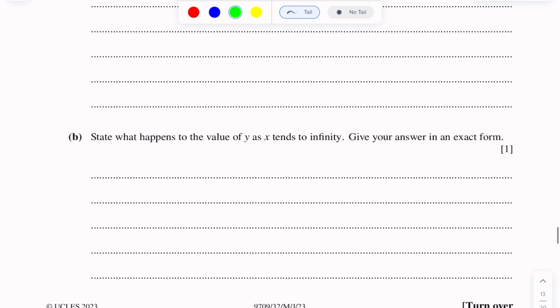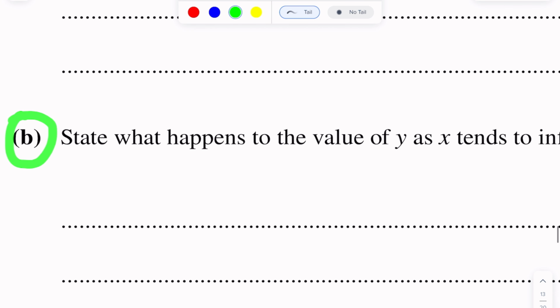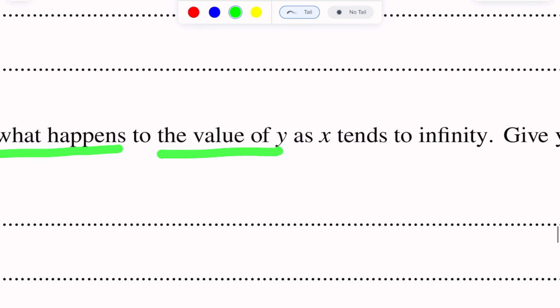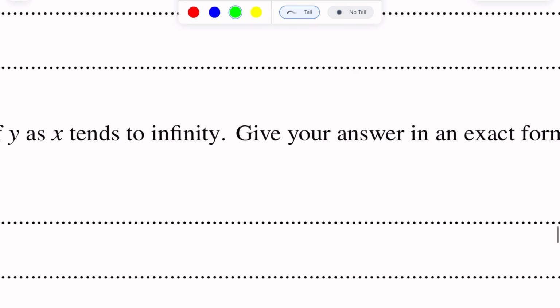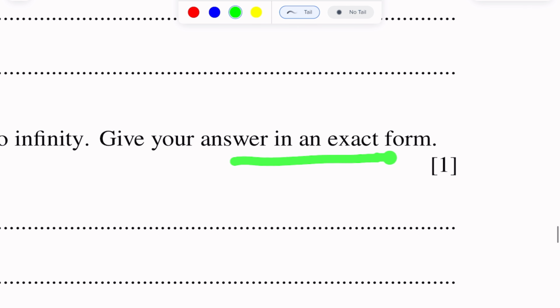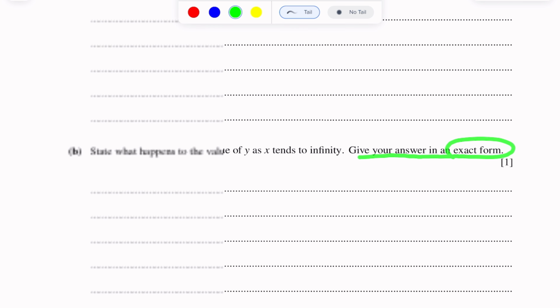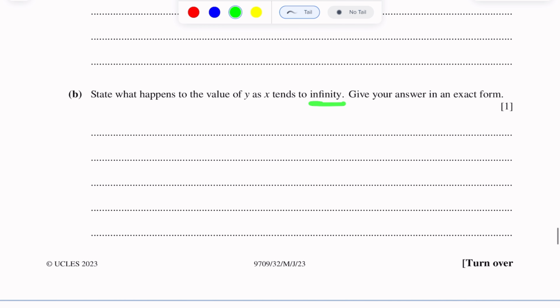Now, the next part of this question, part B, is: state what happens to the value of y as x tends to infinity, giving your answer in exact form. Here the concept of infinity lies.